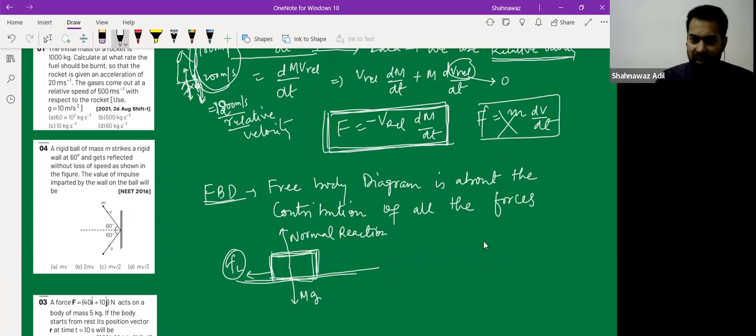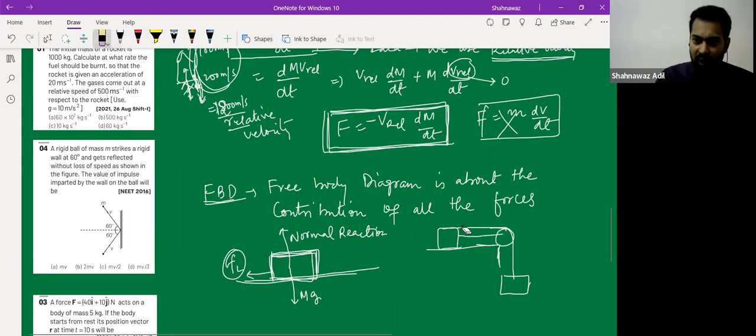Let's just say that you have a pulley, right? One mass is hanging from this pulley, and one mass is kept on the other side, attached with a string, and the string is hanging over this pulley, right?